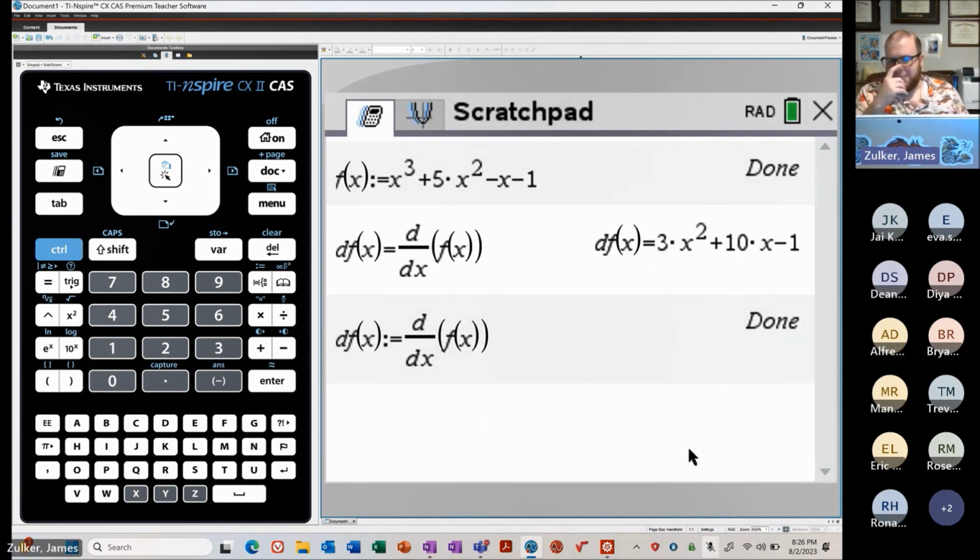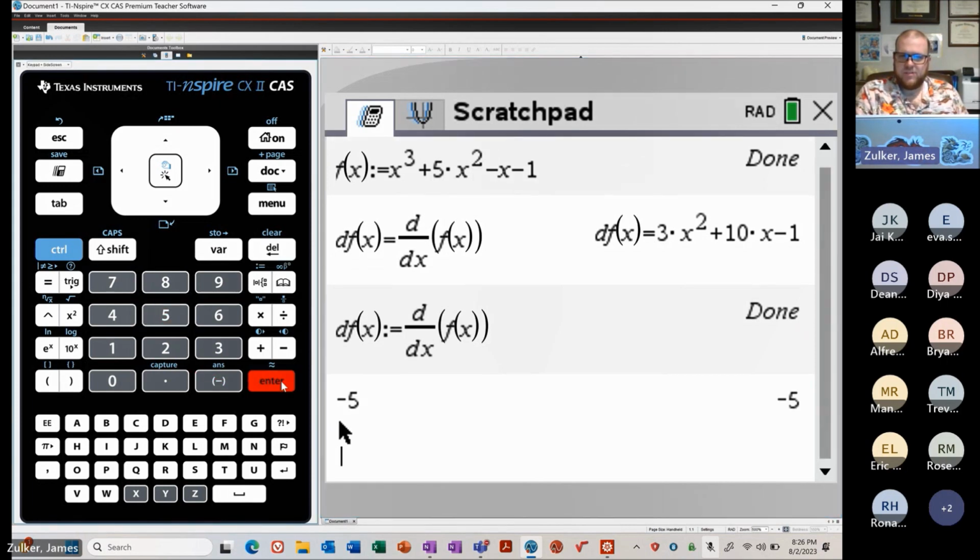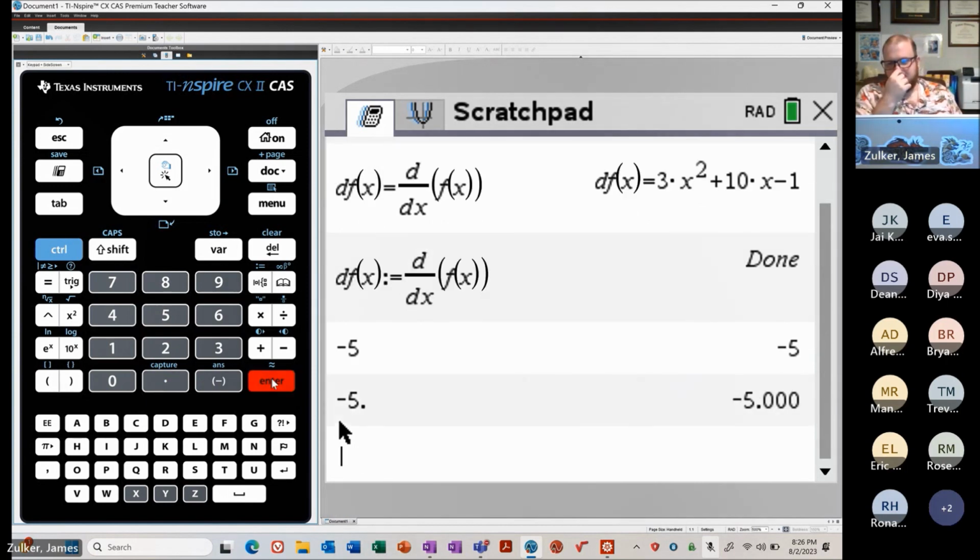Oh, let's just see what happens. I'm going to do -5, hit enter. Actually, I'm going to do -5 decimal. Enter. Yes, I do want 3. Perfect.